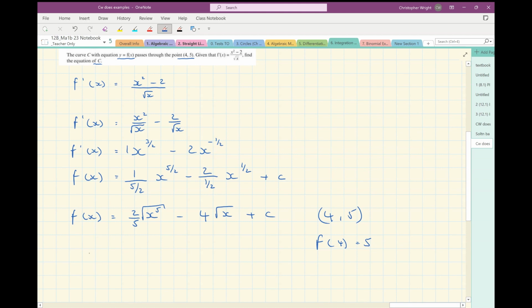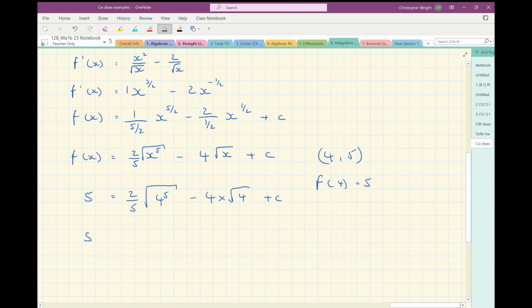So I know that I can write an equation here. 5 will equal 2/5 times the square root of 4 to the power of 5 minus 4 times the square root of 4 plus c. So that tells me that 5 is equal to, bit of calculator action here, 24 over 5 plus c. So c is equal to 1/5.